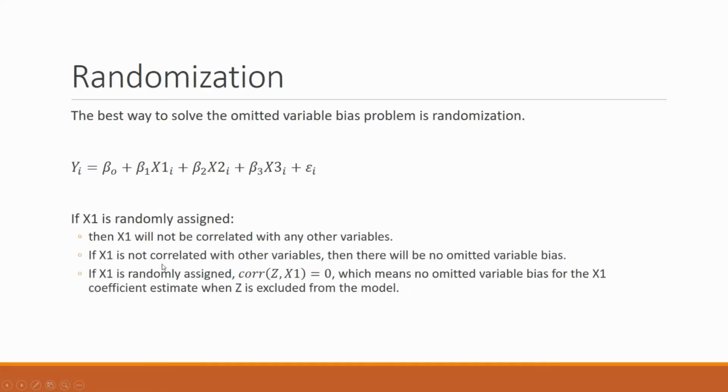And what I'm saying is that if we randomly assign the treatment of the variable of interest, x1, then x1 and z will no longer be correlated, in which case there will be no omitted variable bias for the estimate of beta 1. So randomly assigning the variable of interest solves the omitted variable bias problem for the variable of interest. Then we can get an estimate of the coefficient on the variable of interest that would be unbiased.